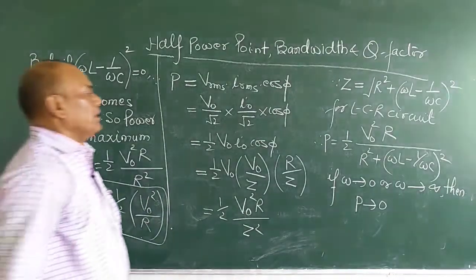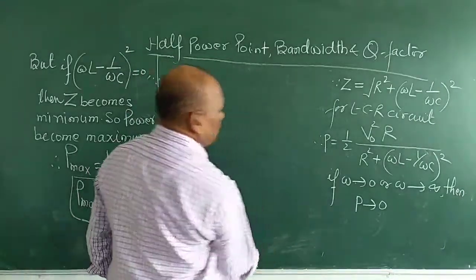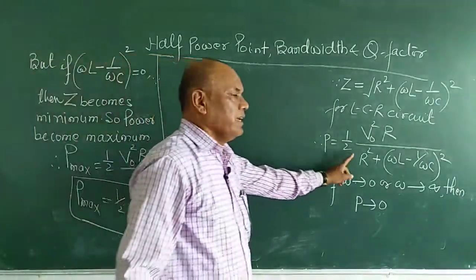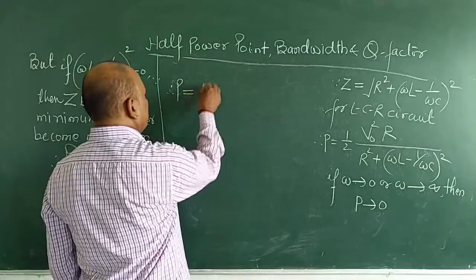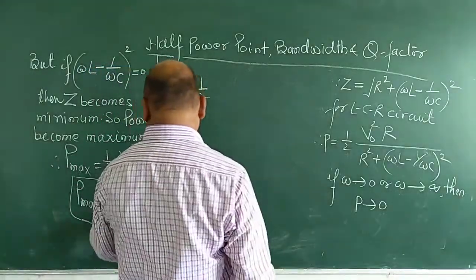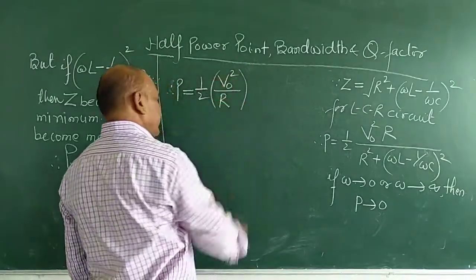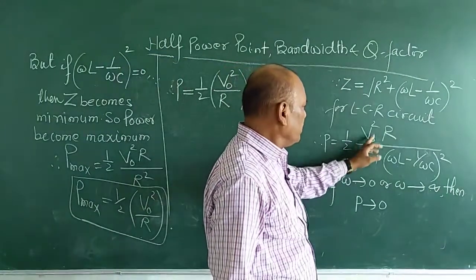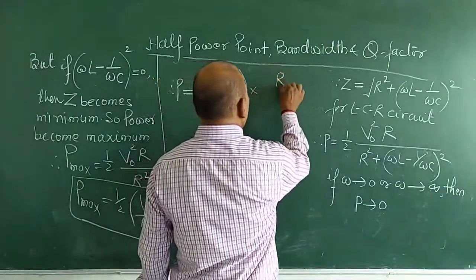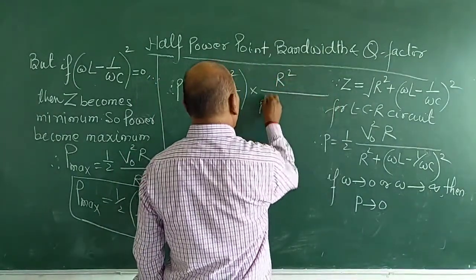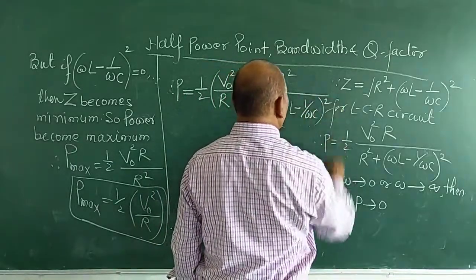Now substitute this value here. P is equal to half V0 square by R, taking out half V0 square by R, times R square upon R square plus omega L minus 1 by omega C whole square.